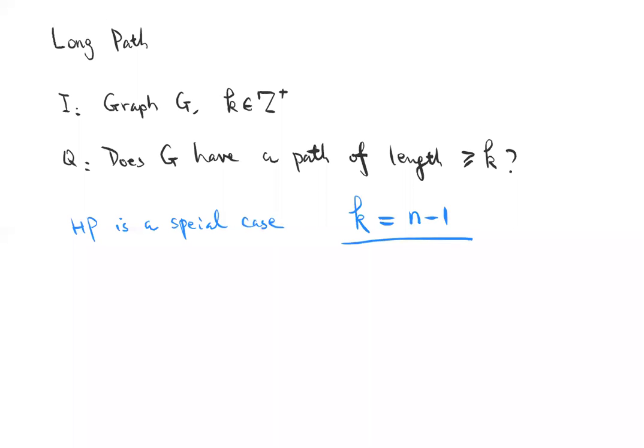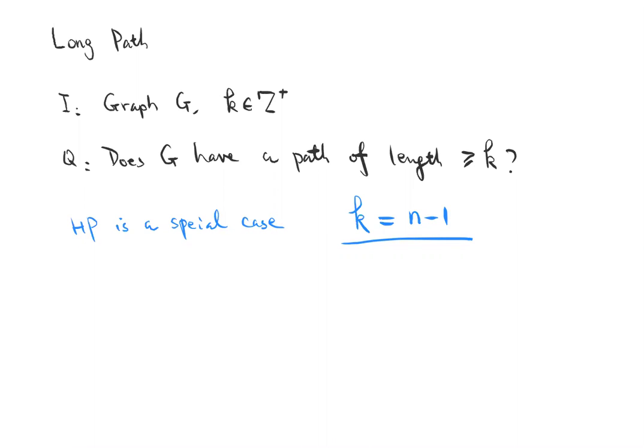The longest path in a graph contains at most n minus 1 edges. So by setting k to be n minus 1, we get exactly Hamiltonian path. Because Hamiltonian path is NP-hard, this one is NP-hard.